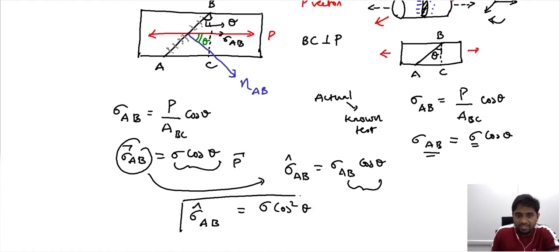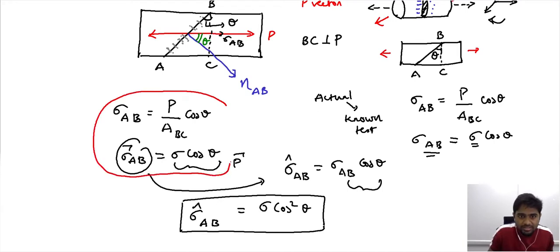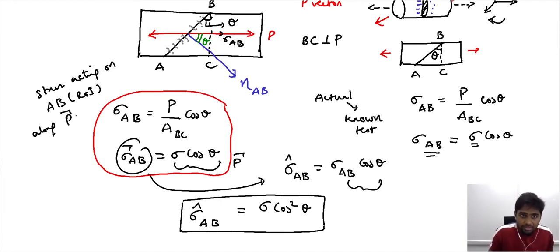What we have essentially done is consider an inclined plane, and we have considered the stress acting on that inclined plane along the loading direction, and this is the expression for it. This expression is the stress acting on AB, our region of interest, and the direction of the stress is along P. So along the loading direction, this is the stress experienced by AB.